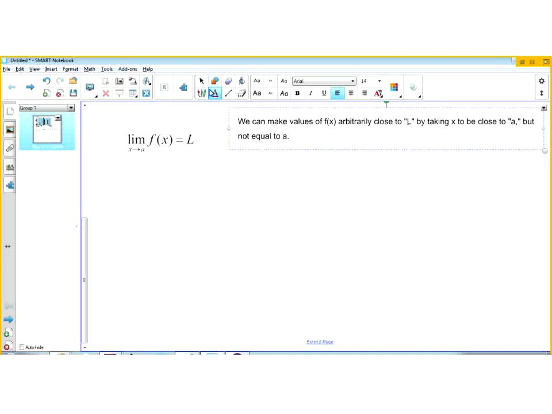All right, so this L that I have in quotes right here in this statement is the same as this L. So we can take our output to be arbitrarily close to this number, L, as we drive x toward a from either direction. And the caveat is that x will never equal a. Okay, so it's a limit. It's a bound. It's not the exact value. It's a limit. Even though the use of the equality is somewhat perplexing, it is a limiting problem.